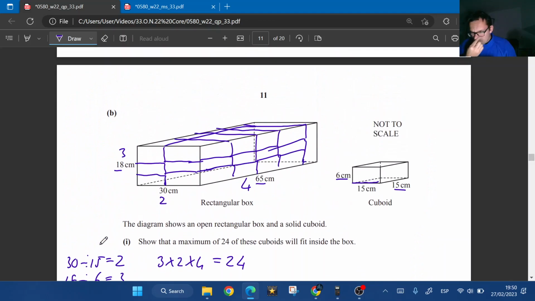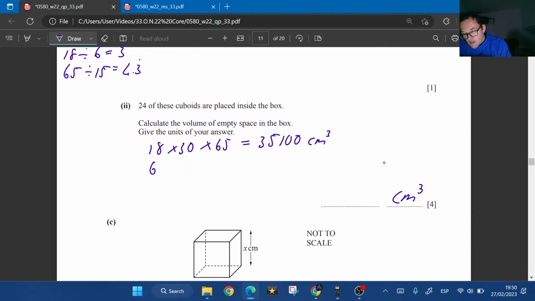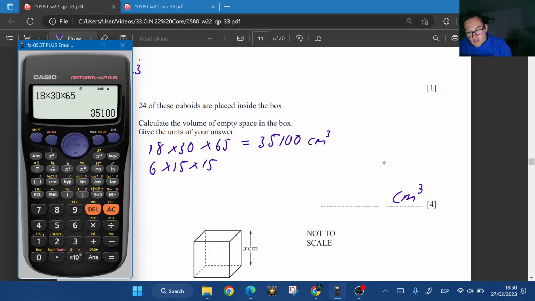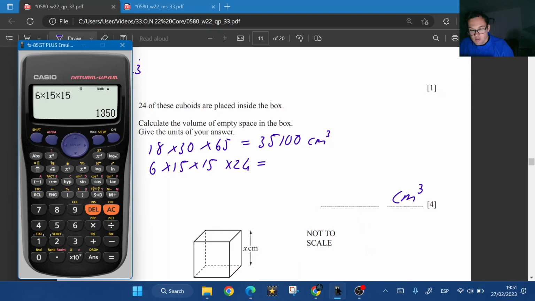Now we need to work out, well, this is not difficult. Now we're going to pack these boxes inside, 24 of them. So we need to get the volume of this, 6 times 15 times 15. That will give us the volume of one of the little cuboids. And of course we're going to pack 24 of them in there, so we times that by 24.